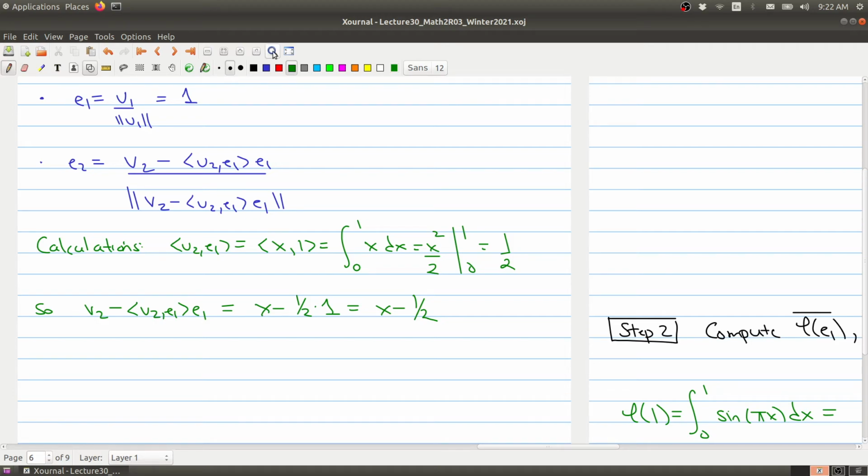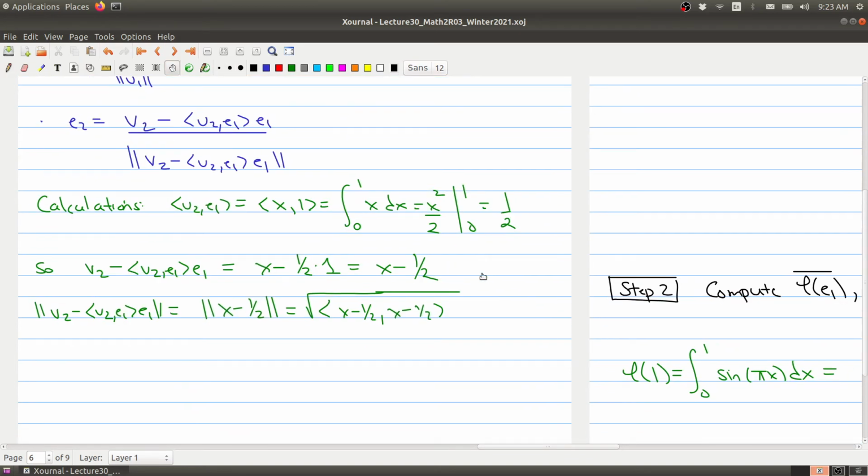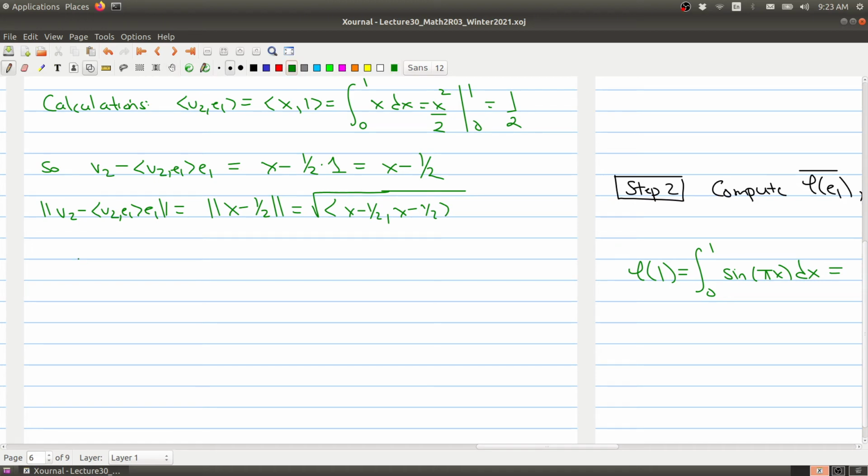Now we need to figure out the length of this vector. So we're finding the norm of this vector. Remember that is the square root of the inner product of x minus 1/2 with itself. Let's do that calculation. This is equal to the square root of the integral from 0 to 1 of (x minus 1/2) squared dx.